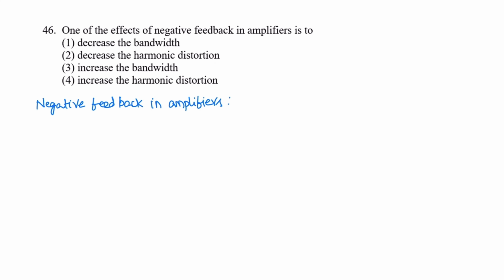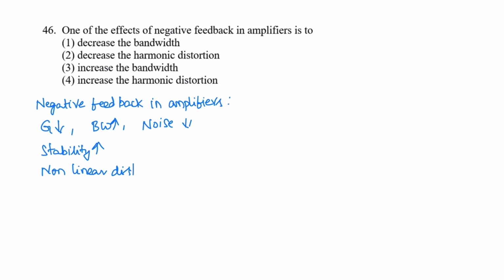Next question. Which one of the following is an effect of negative feedback in amplifiers? Negative feedback in amplifiers decreases gain, increases bandwidth, decreases noise, increases stability, and nonlinear distortion or harmonic distortion decreases.